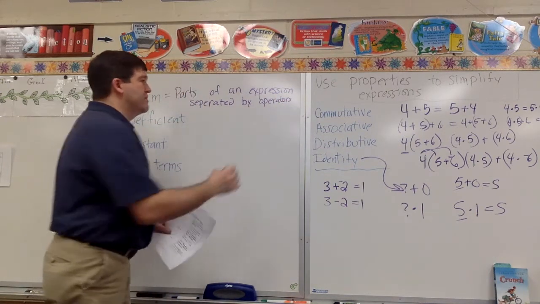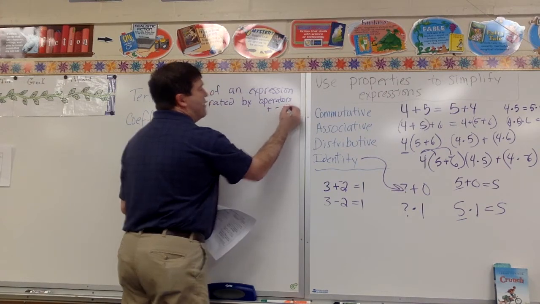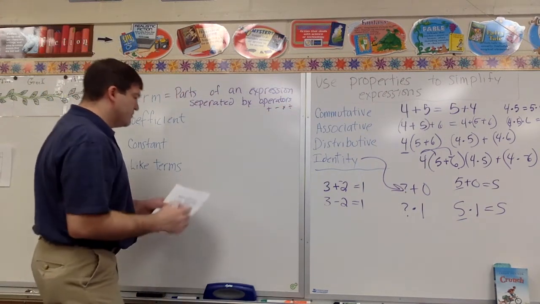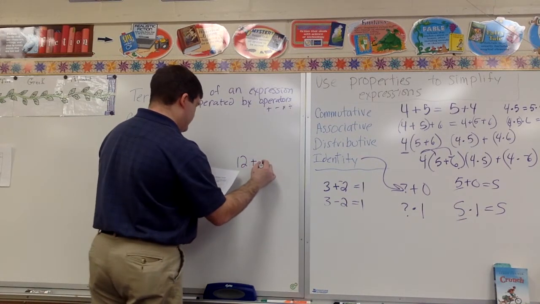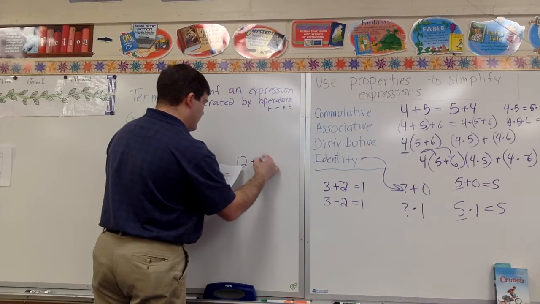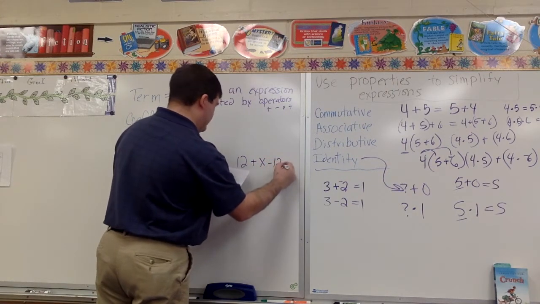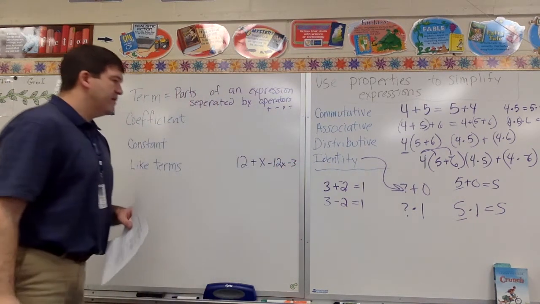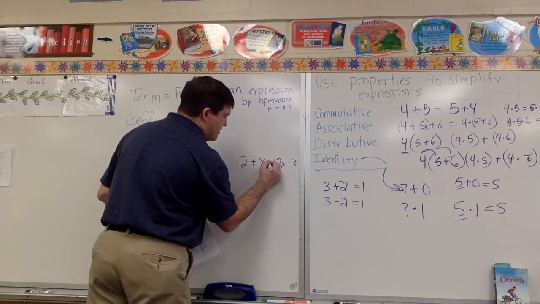An operator is just like plus, minus, times, divide. So for example, say I have 12 plus x minus 12x minus 3. I'm going to turn this all into addition.